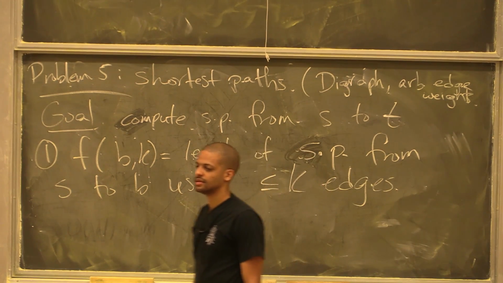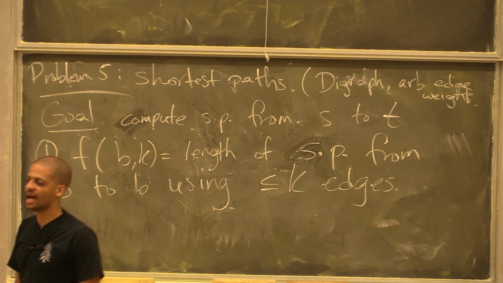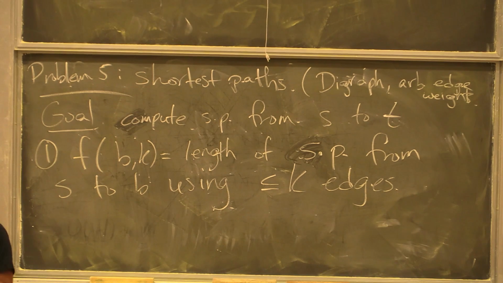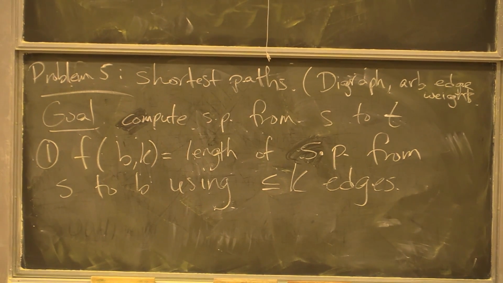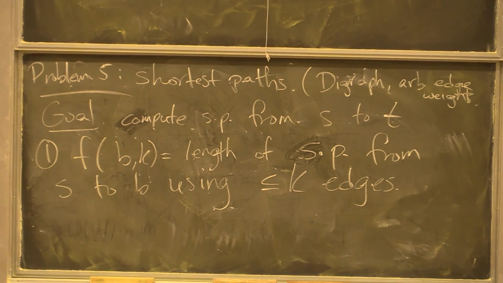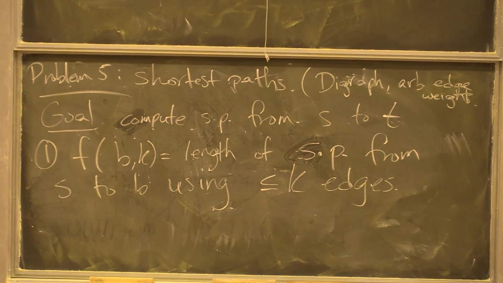Okay. Why did I do that? Because, as you'll see, I want to avoid having an infinite recursion, and by introducing this k, I can avoid that. And the point is, if there are no negative cycles, then there's no reason to ever use a path that has more than n minus 1 edges in it. Because if you have a path that has r edges in the path, how many vertices are on the path?